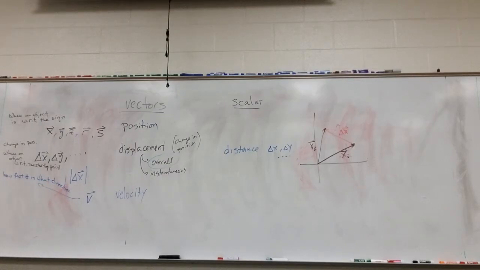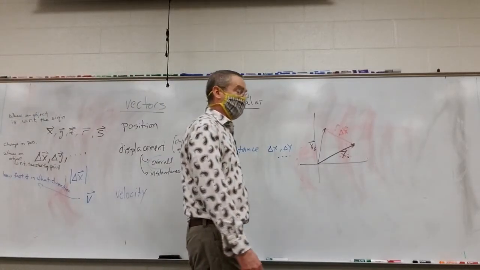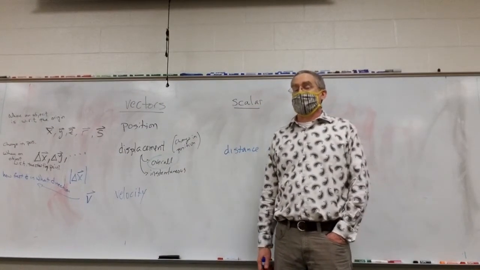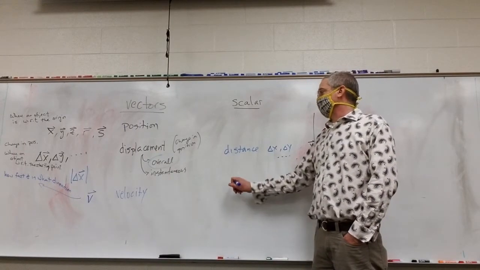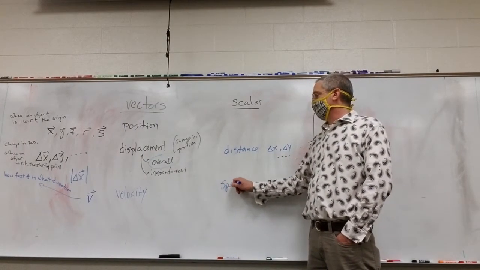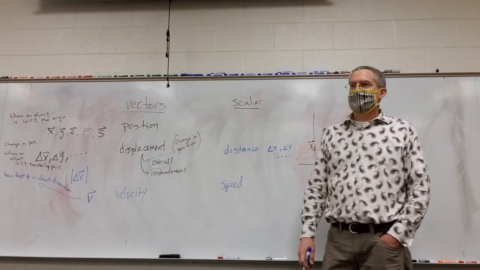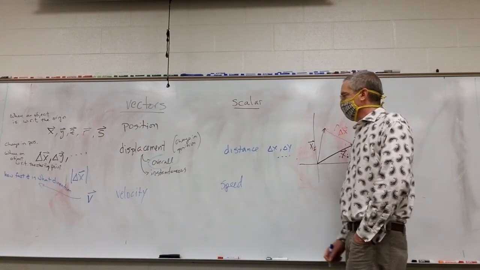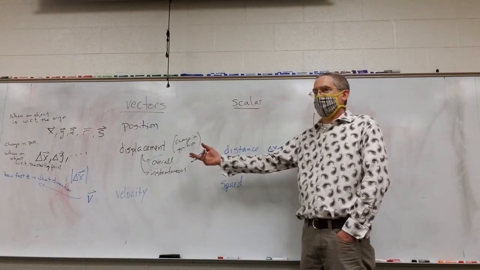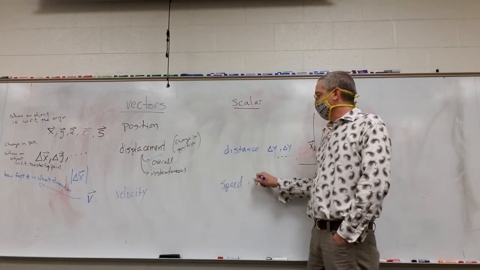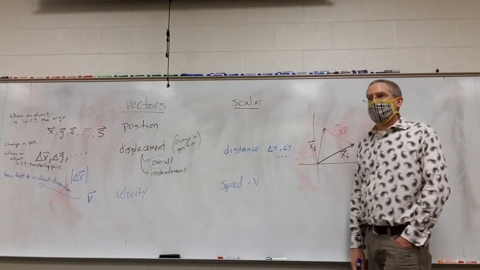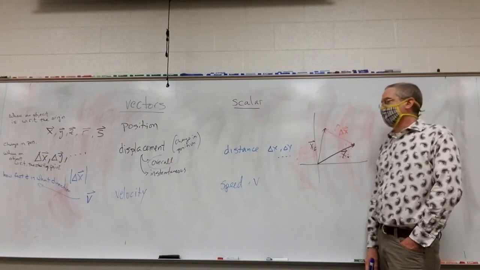Traveling 50 miles per hour north is a velocity. Traveling 50 miles per hour is not. That's speed. The symbol for speed is just V without the vector symbol. It is not S.